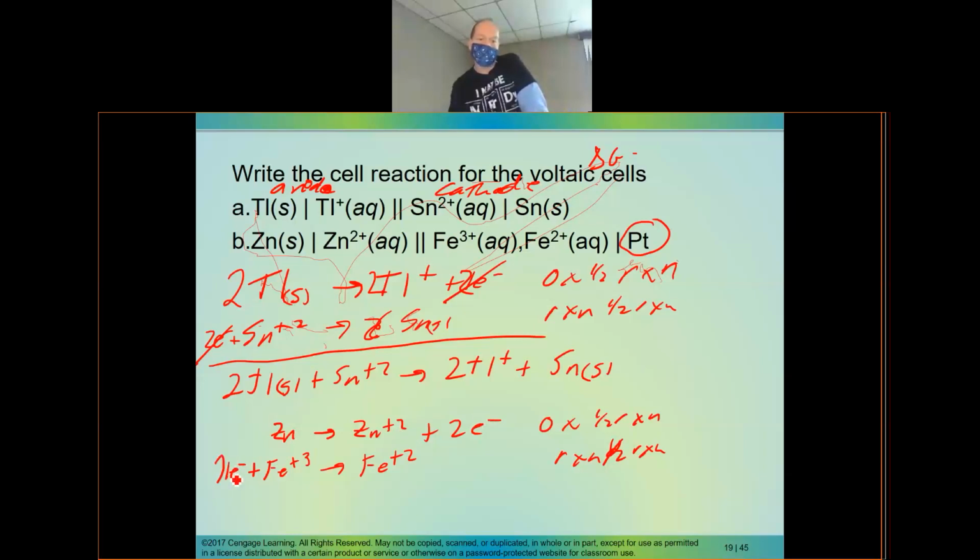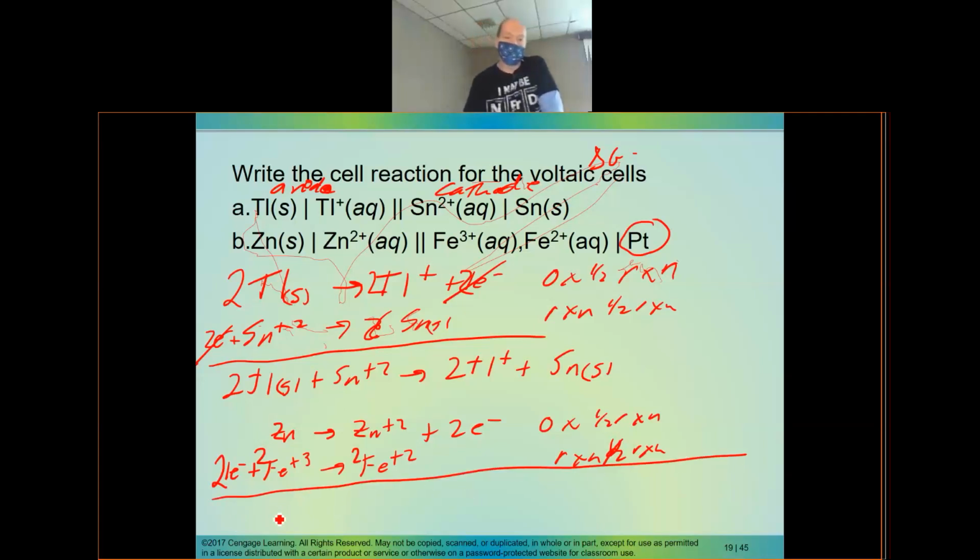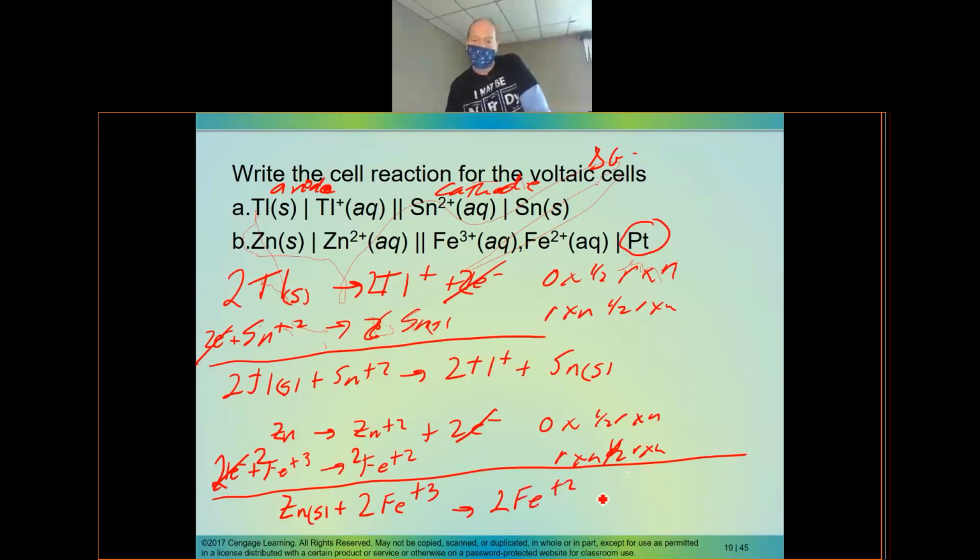So multiply this through by 2. And then your 2 electrons are subtracted from both sides, and you have your zinc solid metal plus 2 Fe+3 yielding 2 Fe+2 and zinc+2.